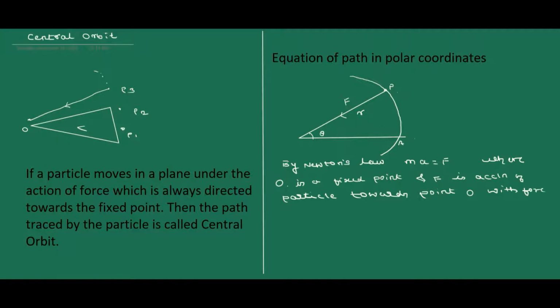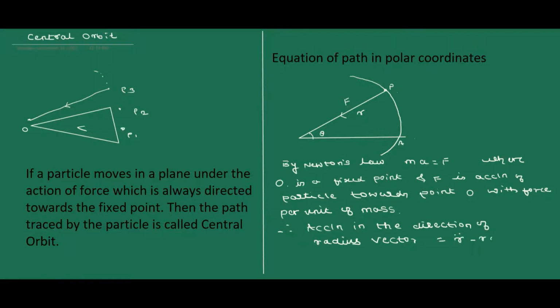with force per unit of mass. Therefore, the acceleration in the direction of the radius vector is equal to r double dot minus r theta dot square, and this is called the radial acceleration, in the direction of the radius vector.